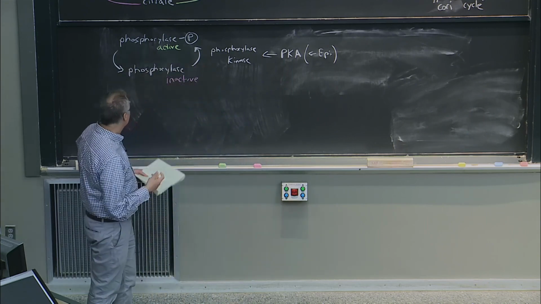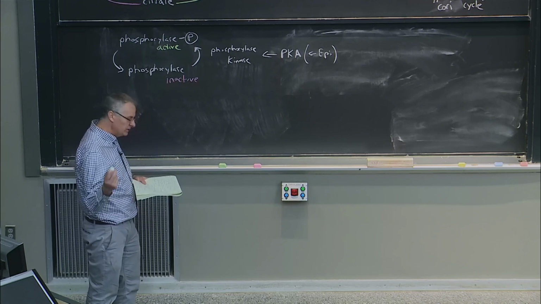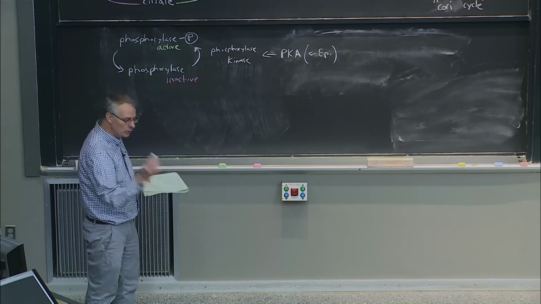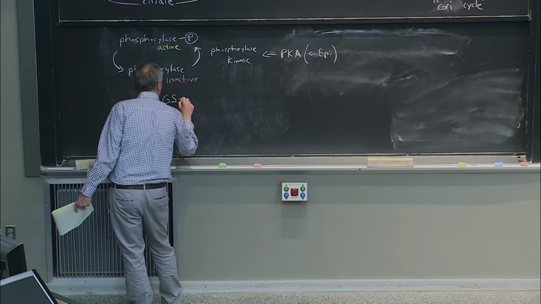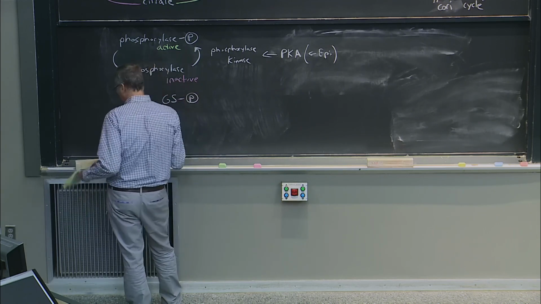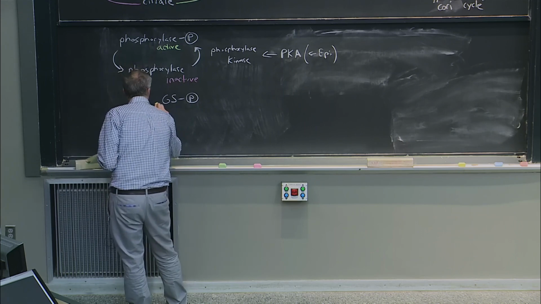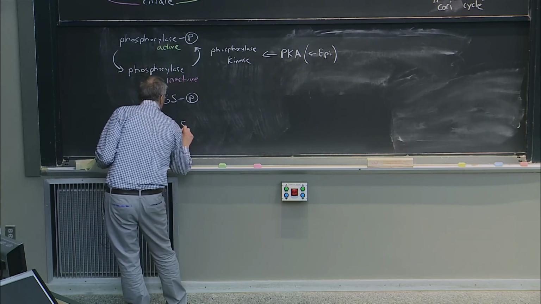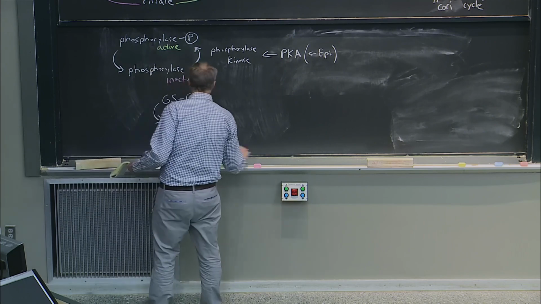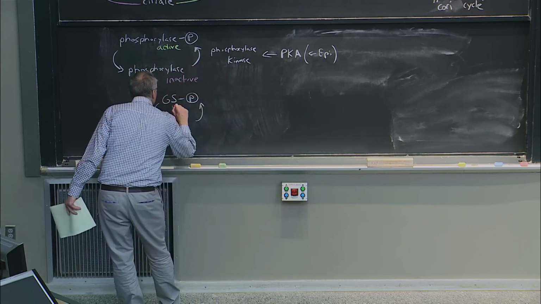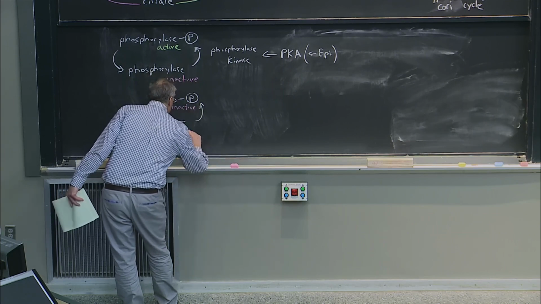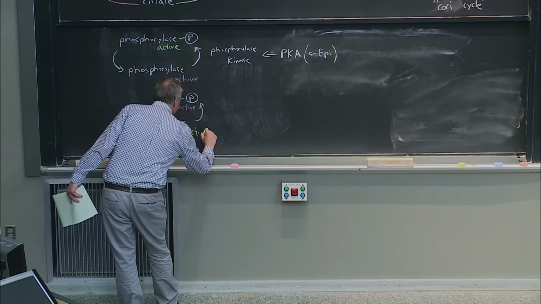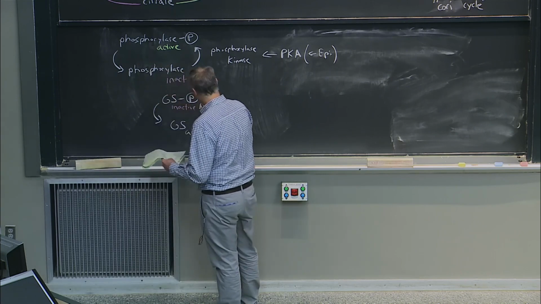Well, glycogen synthase also is subject to regulation by protein phosphorylation on the enzyme by a kinase, except this has the opposite relationship. So when it is in the phosphorylated state, it is inactive, but when it is in the non-phosphorylated state, it is active.